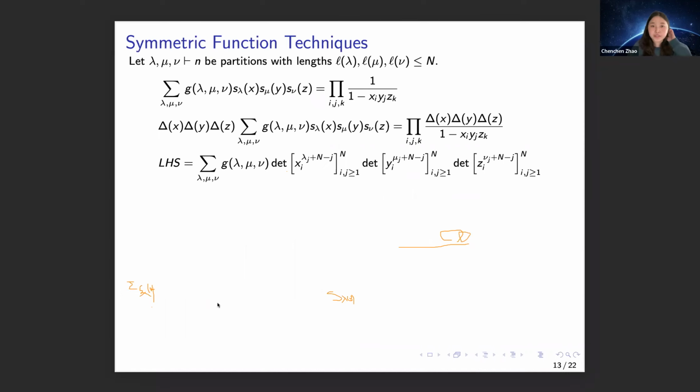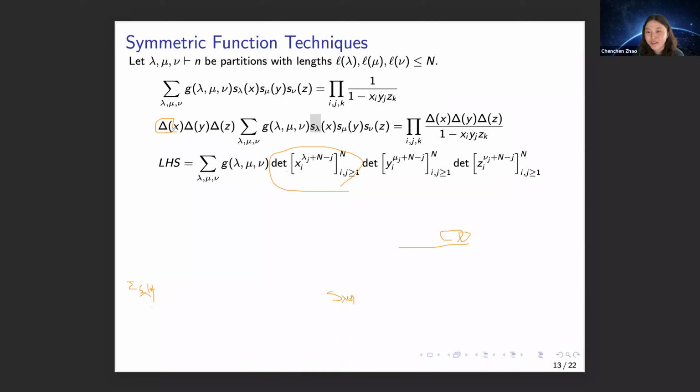Next, we can use the generalized Cauchy's identity to derive a closed, alternating formula for the Kronecker coefficients. We start with the generalized Cauchy's identity, and recall the Weyl character formula. By definition, this Schur function is equal to this determinant divided by the Vandermonde determinant.